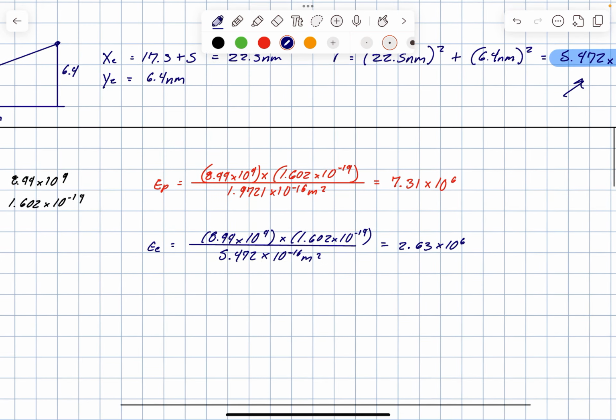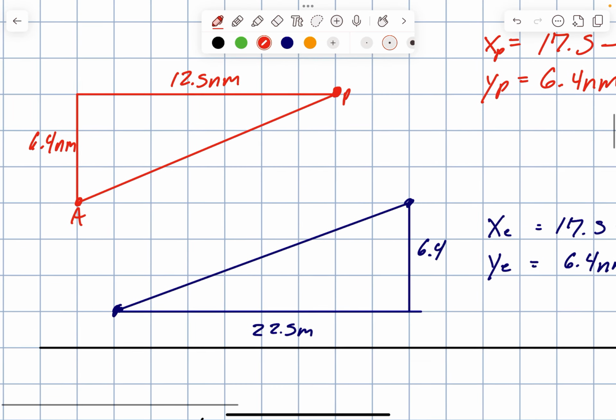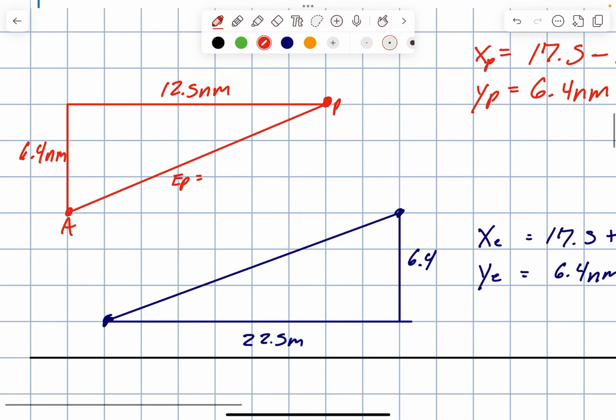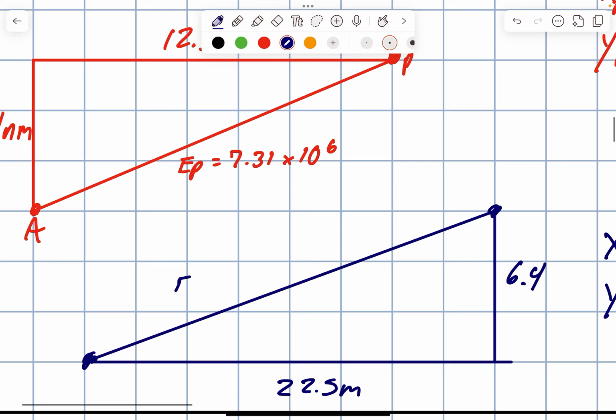So now that we have our electric field values for our hypotenuses, I'm just going to write that up here so that we remember. The electric field for our proton was 7.31 times 10 to the 6th. Similarly, our electron electric field was equal to 2.63 times 10 to the 6th.